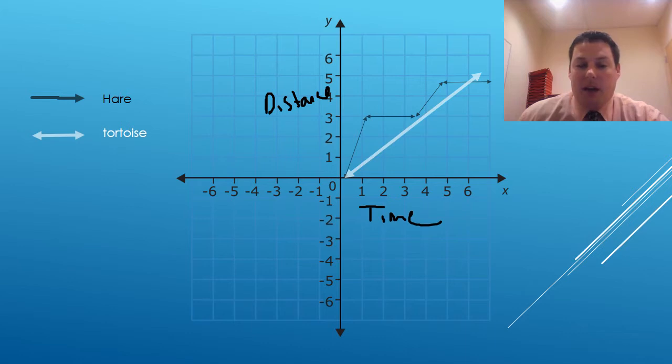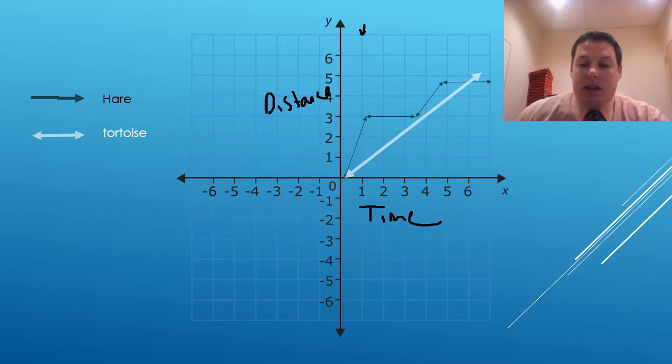If we look at where they both are at this point, maybe the hare went 3 yards to the turtle's less than 1 yard after 1 minute or after 1 second, something along those lines. But the hare, of course, gets distracted and doesn't move for a little bit, or does something else where he's not gaining any ground at a certain point, and the tortoise just stays steady.